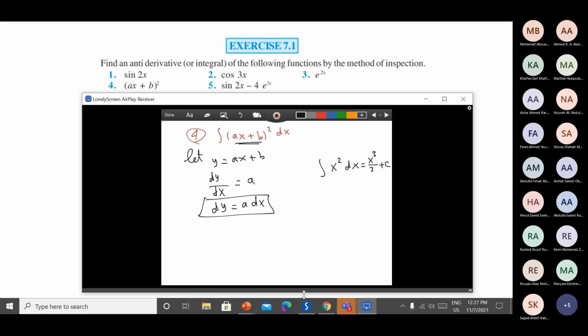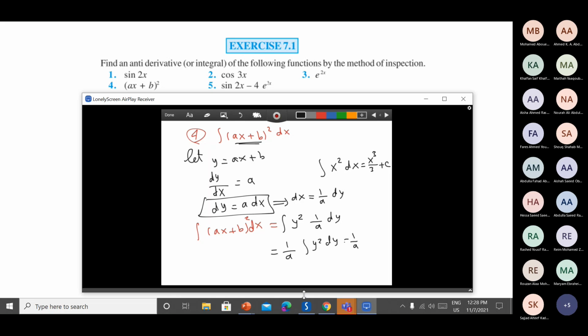Now my integration will be changed from a function of x, with the variable of integration x, into a function of y, and dx will equal 1 over a dy. 1 over a, take it outside, and you integrate y squared with respect to y. As simple as that.